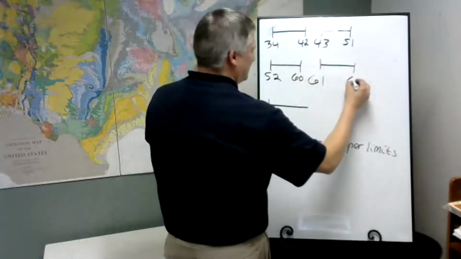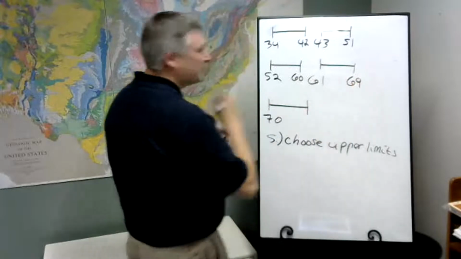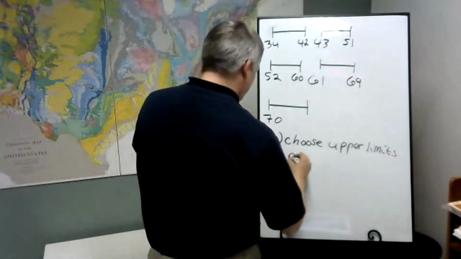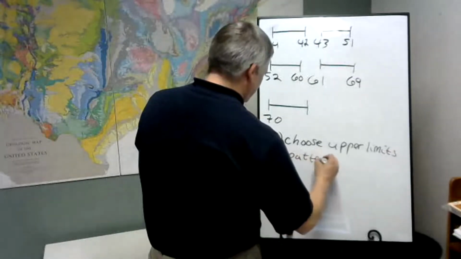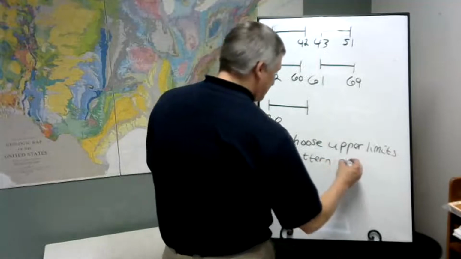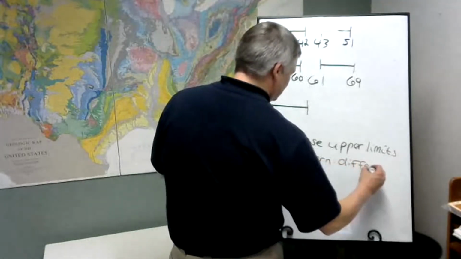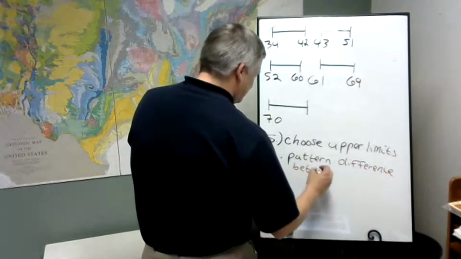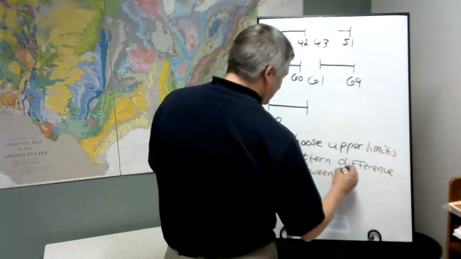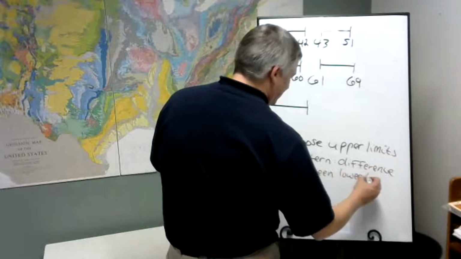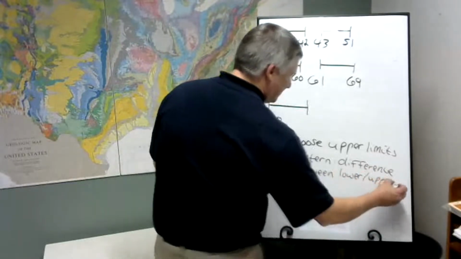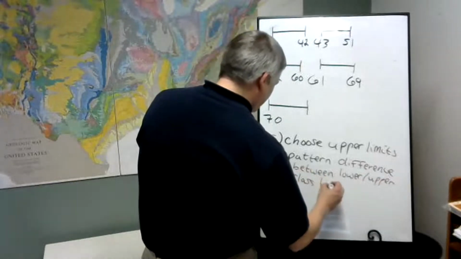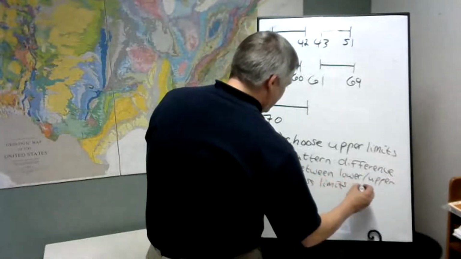For this one, 69. And then for this last one, we might notice a pattern. The difference between lower and upper class limits is 8.